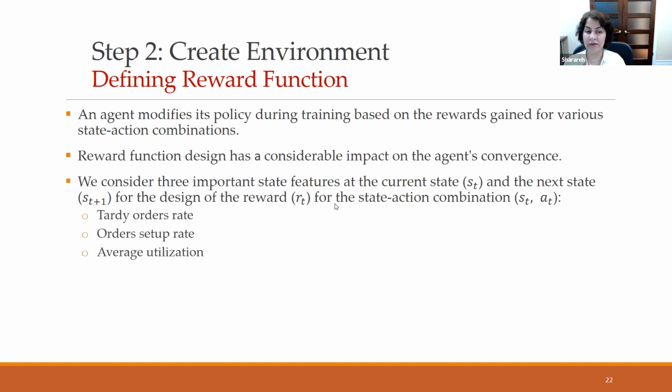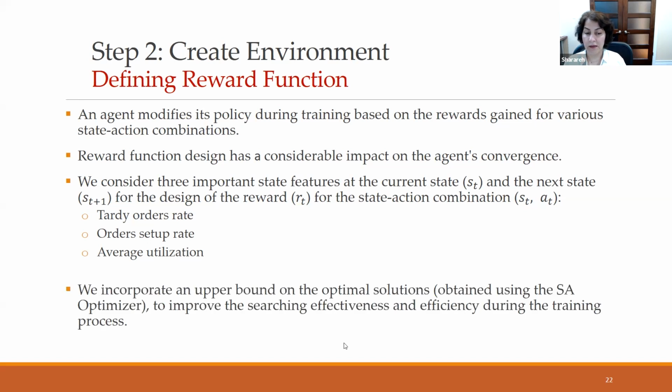In our case, we consider 3 state features at the current state and next state for the design of the reward, which include tardy orders rate, order setup rate, and average utilization. In addition, we also incorporate an upper bound on the optimal solution, which is obtained using the developed simulated annealing optimizer, which can improve the searching effectiveness and efficiency during the training process.